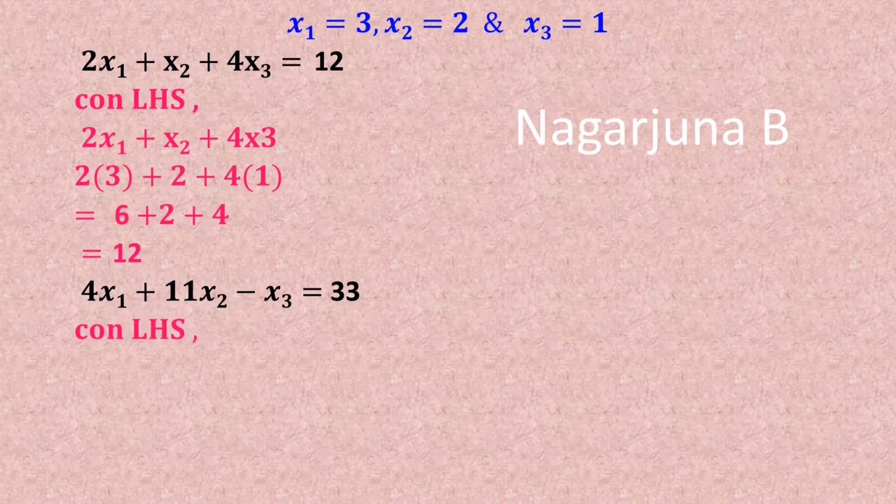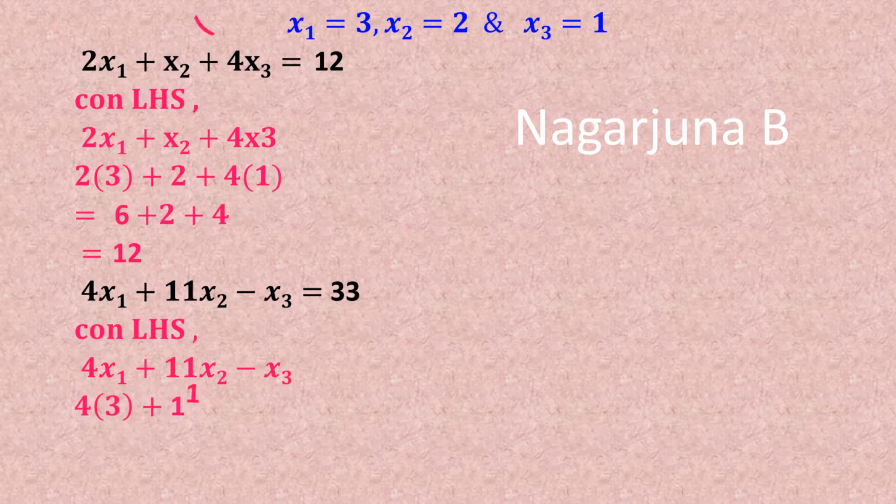We can write equal to 4 into 3 plus 11 into 2 minus 1. 4 into 3 is 12 plus 11 into 2 is 22.